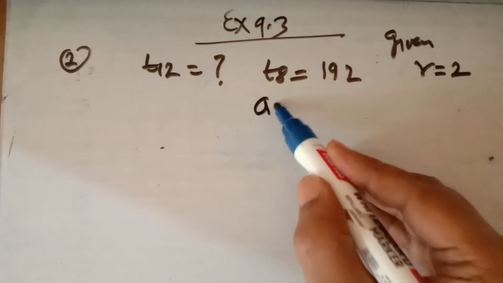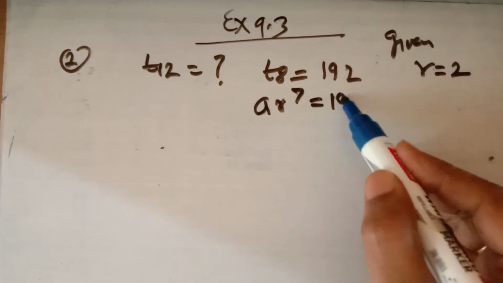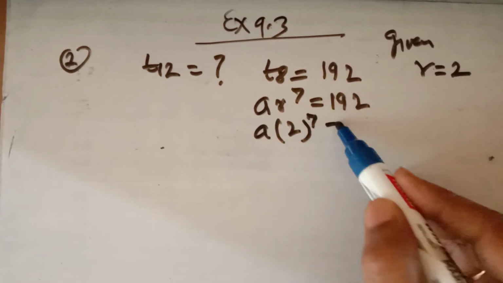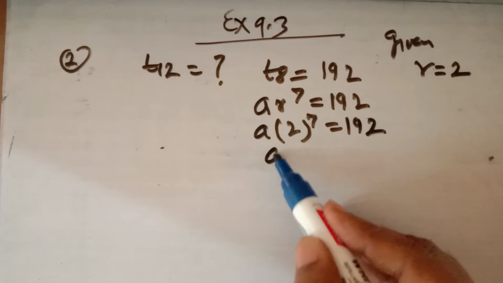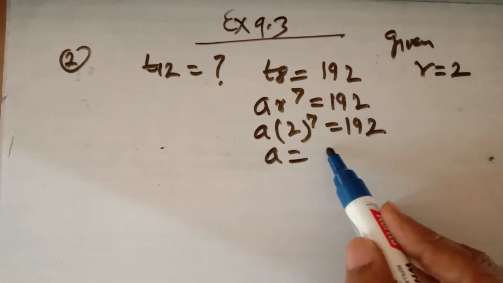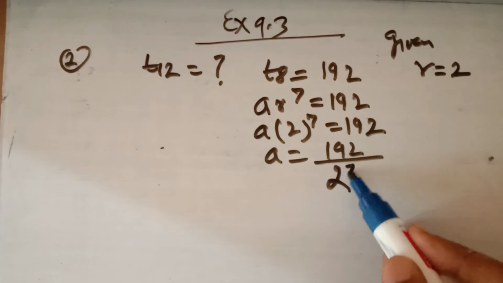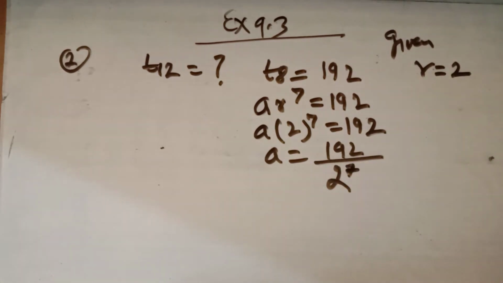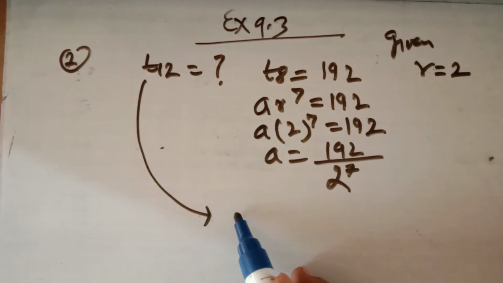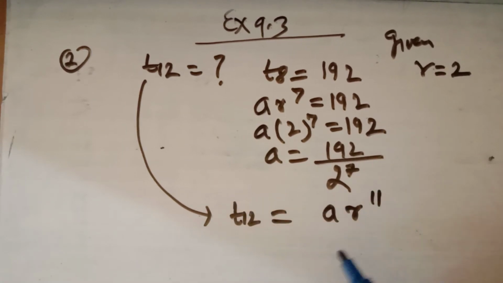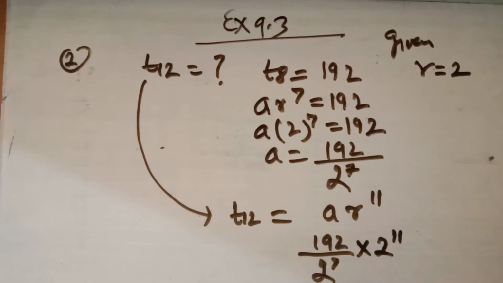So 8th term means a r raised to power 7 is given, in which we have the common ratio as 2. So from this we can easily find the first term. 192 divided by 2 raised to power 7 is its first term. So its 12th term will be a r raised to power 11, where a is 192 upon 2 raised to power 7, into 2 to the power 11.